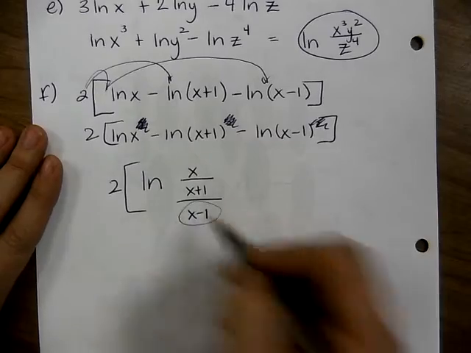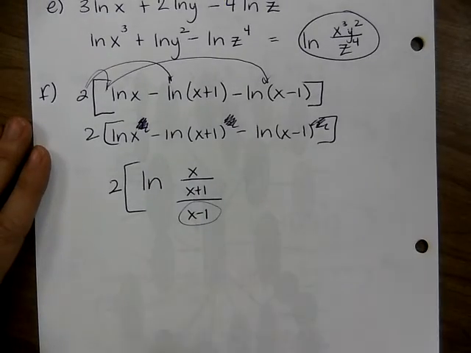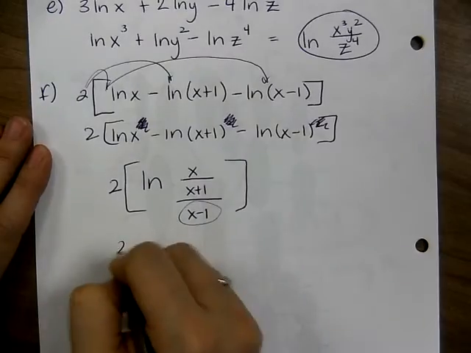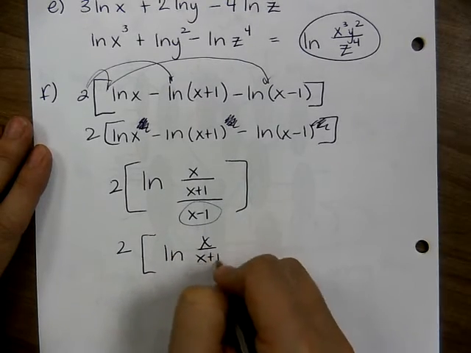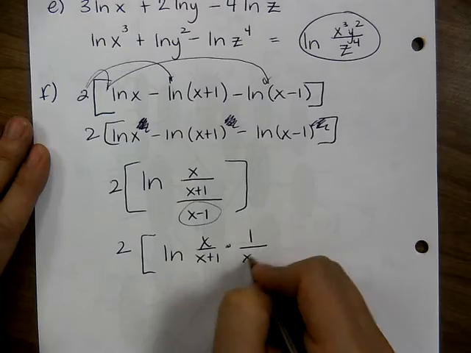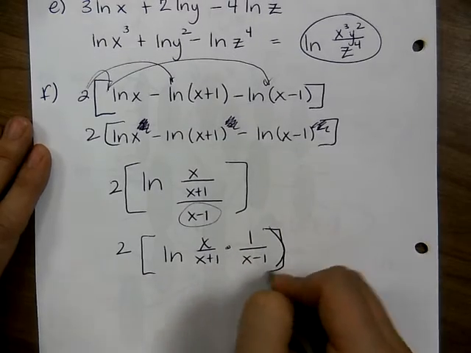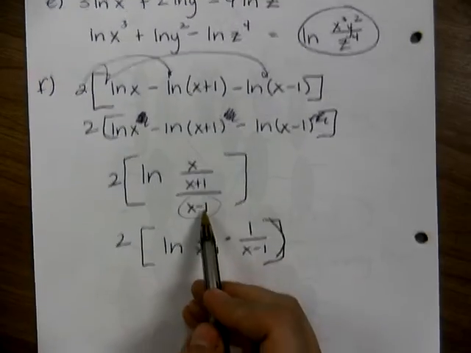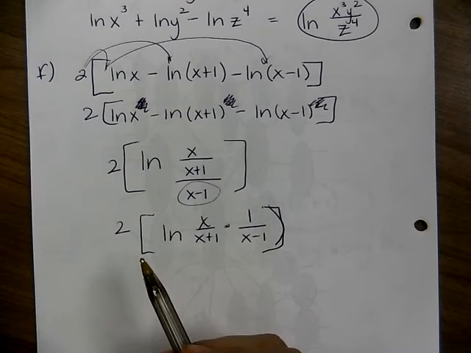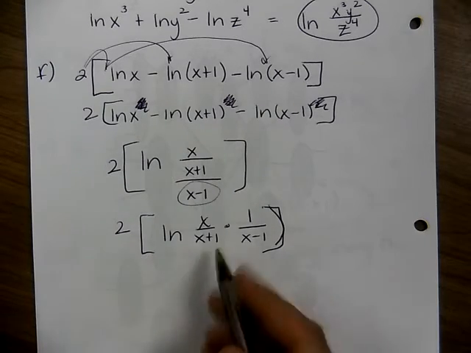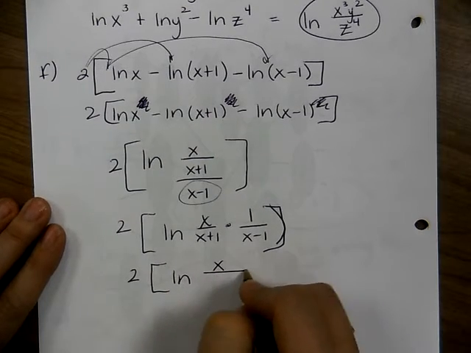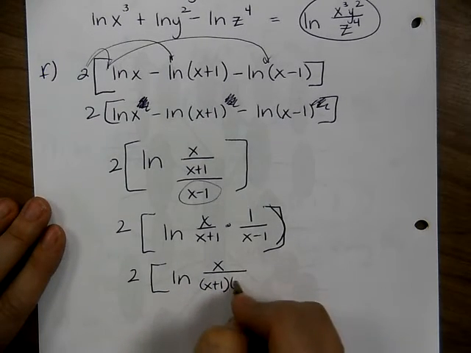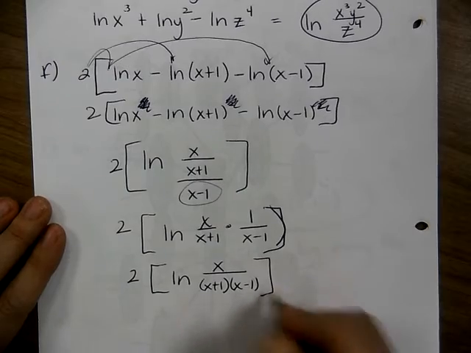And so this division down here, isn't that the same as having the natural log of x over x plus 1 times 1 over x minus 1? Right? Whatever you're dividing by, you can multiply by the reciprocal. It's the same thing. So notice what happens here is you end up with the natural log of x over x plus 1 times x minus 1.